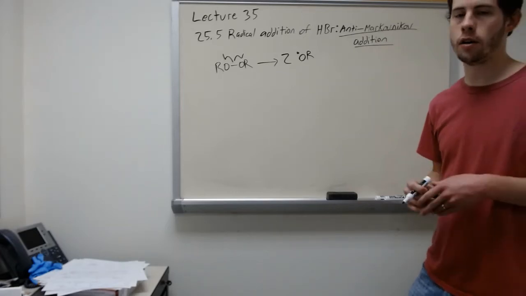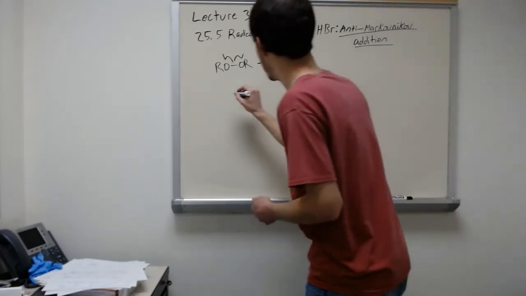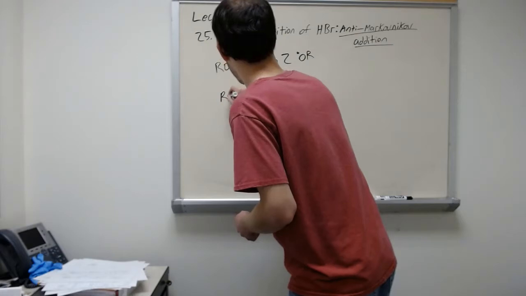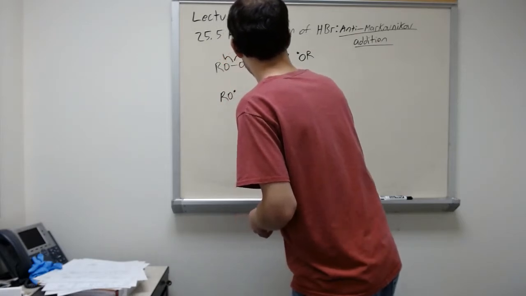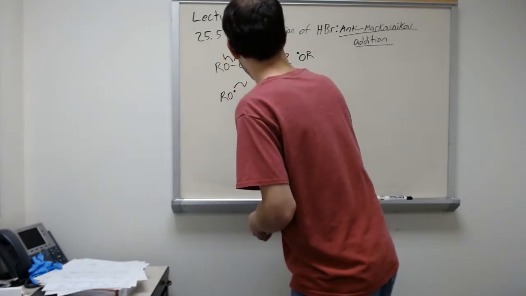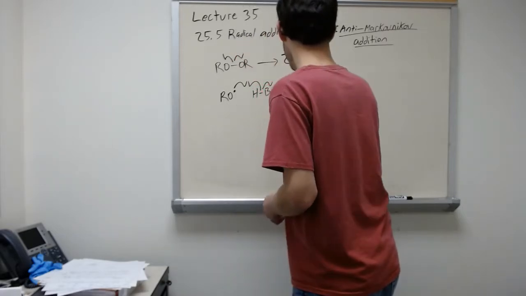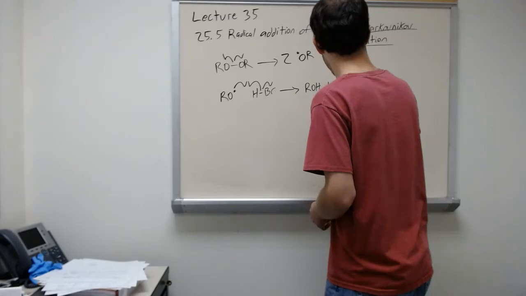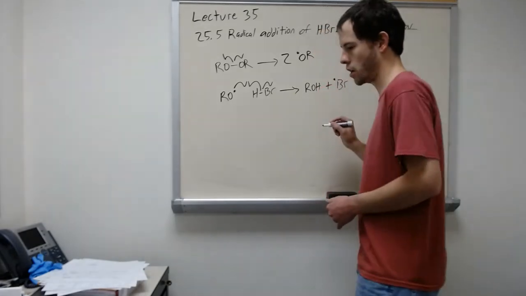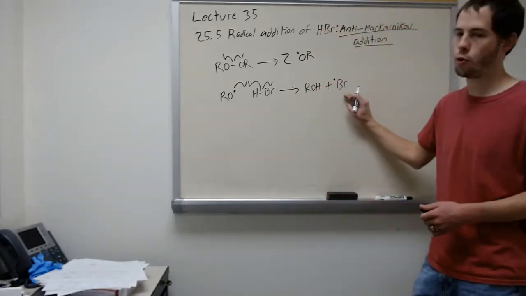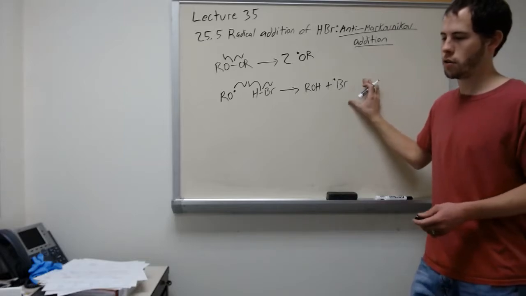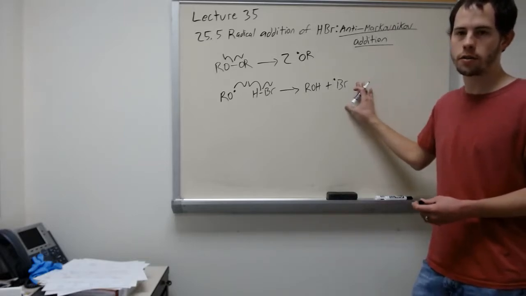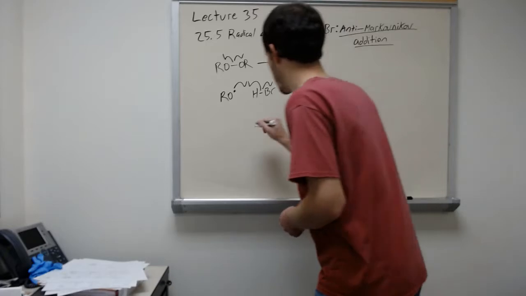This now goes on to react with the HBr. And so now this gives us our bromine radical. Once we've generated our bromine radical, it's now ready to react with the alkene. So we bring in the alkene.